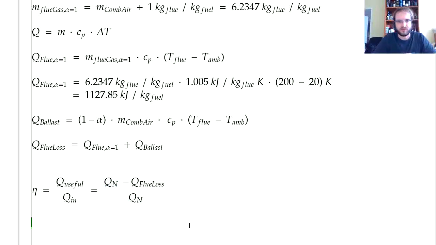So now let's put in numbers for our first case with excess of the oxygen being 1, so ideal combustion.